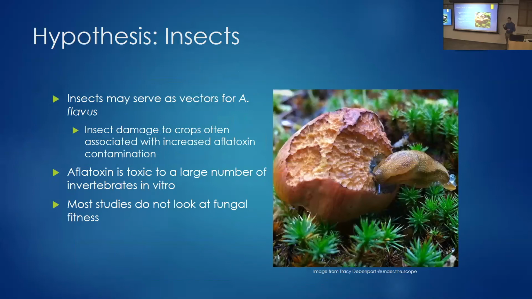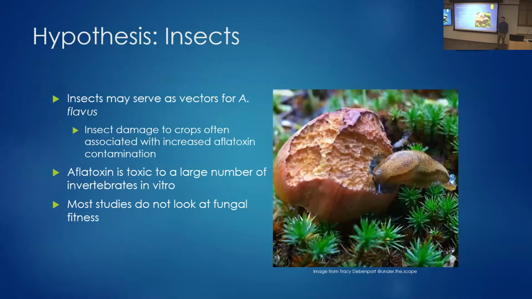And interestingly, aflatoxin is toxic to a large number of invertebrates in vitro, but none of the studies that added aflatoxins to food have looked at what effect it has on fungal fitness. They've just been poisoning insects and invertebrates. This photo depicts that: anytime I go out for a walk in the woods, I always see some kind of invertebrate on a mushroom.